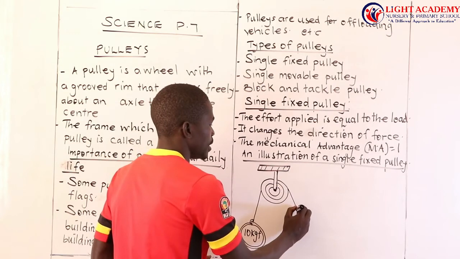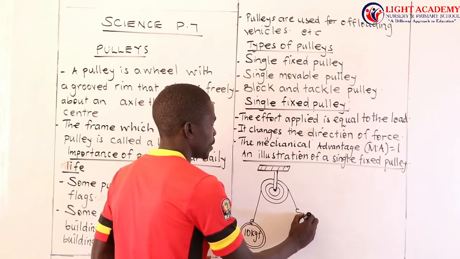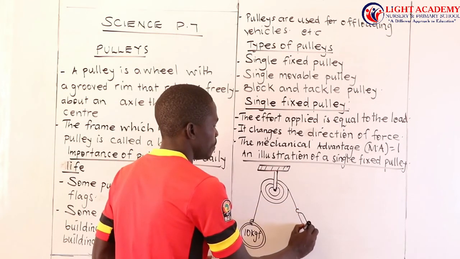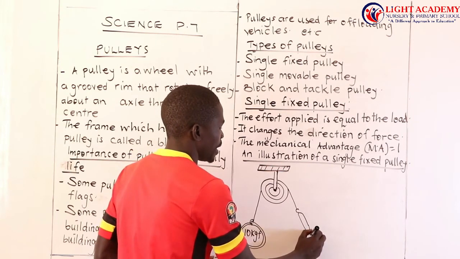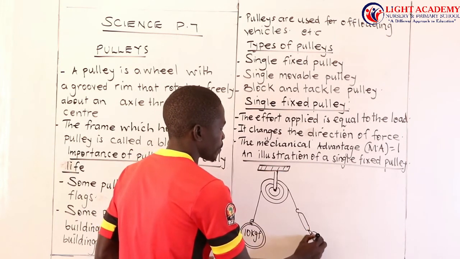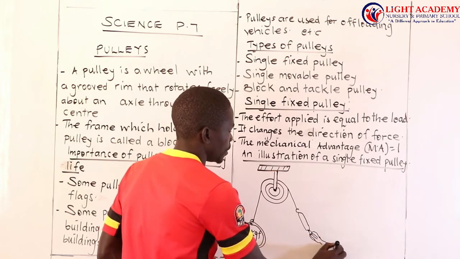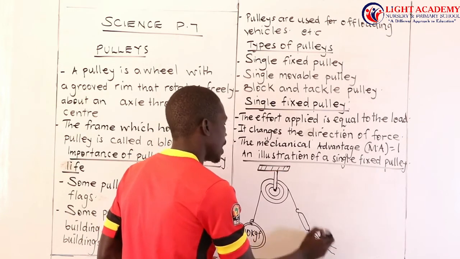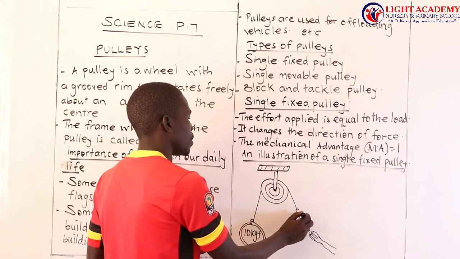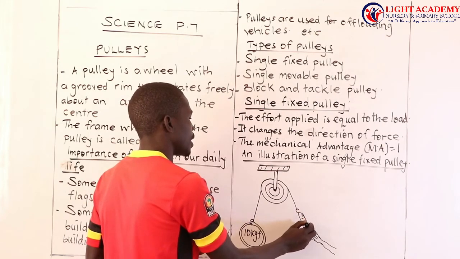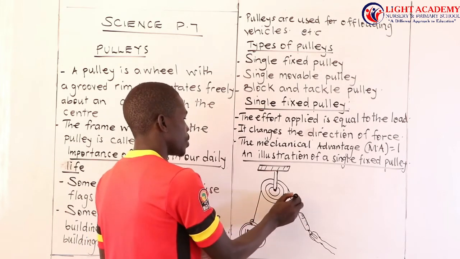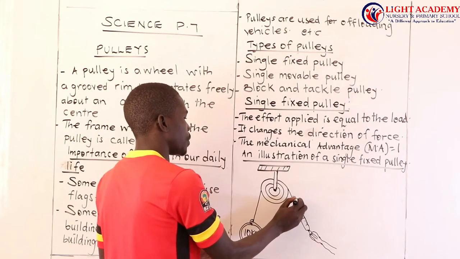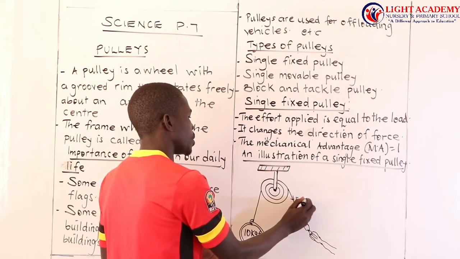Then on this side, I bring my effort. This is the arm, and this is my effort. So the direction of the effort will look downward.